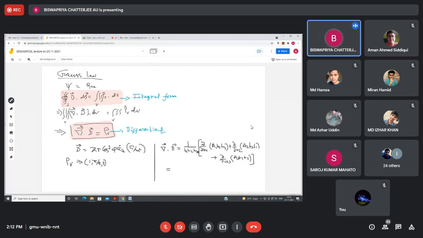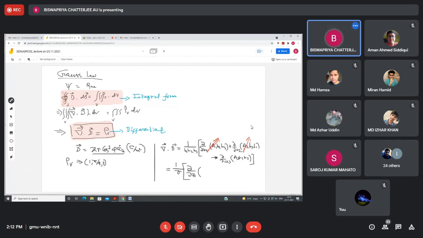In the cylindrical system h1 and h3 are 1, and h2 is r, so it will be 1 by r. Only the z component exists, so these two terms will not exist anymore, since the r component and phi component do not exist. The existing component will be del del z of a3.